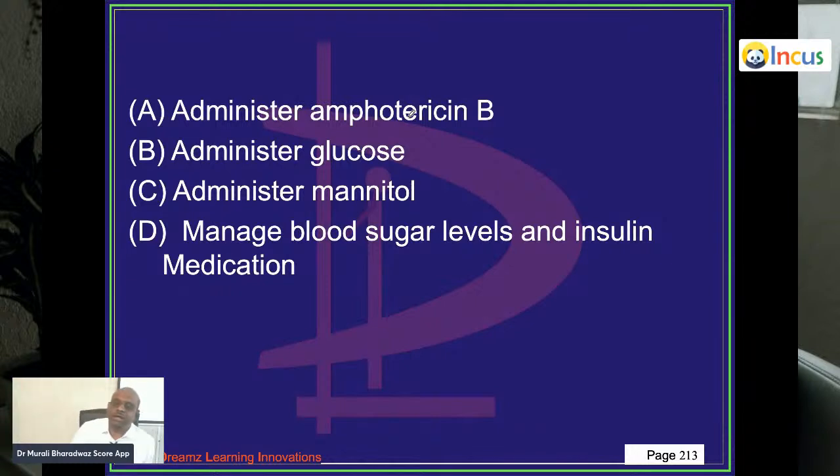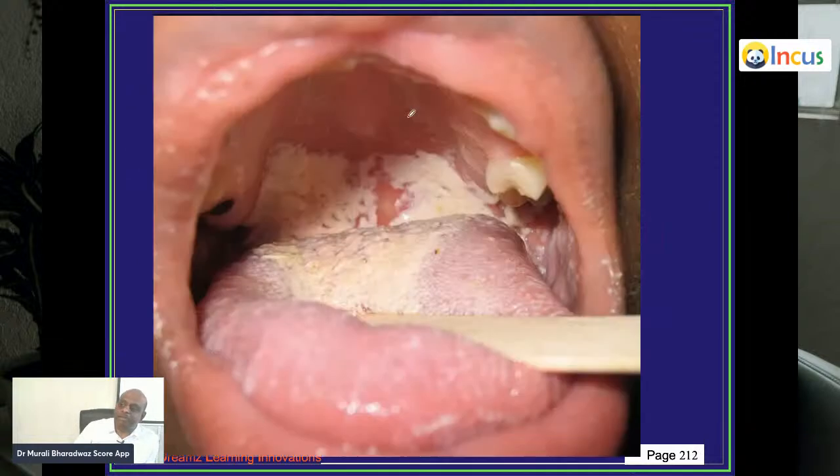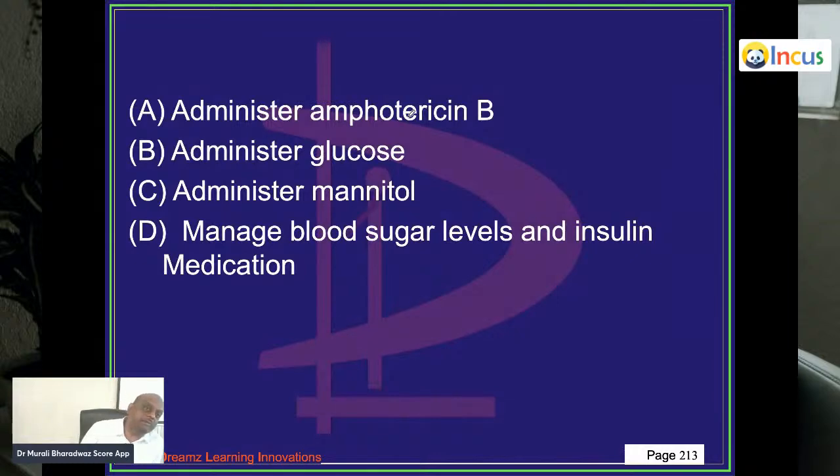So generally the rule is that the candidiasis that appears in an acute diabetic ketoacidotic patient will self-resolve, without giving any anti-candidal medication, once you have treated their blood sugar level with insulin.